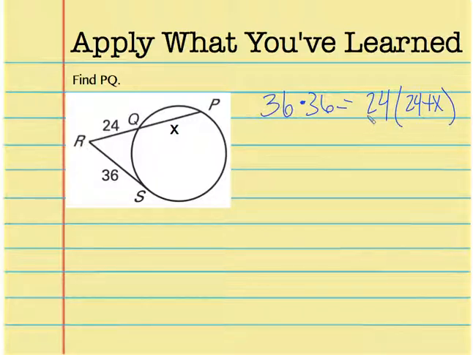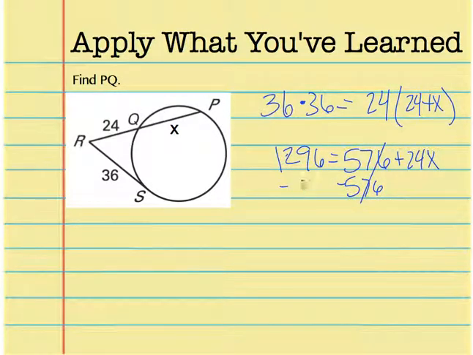So 36 times 36 is 1296. 24 times 24, I'm pretty sure is 576. Let me check that. Yeah. And then plus 24x, because you got to distribute. So I'm going to subtract the 576 from this side and this side. 1296 minus 576.